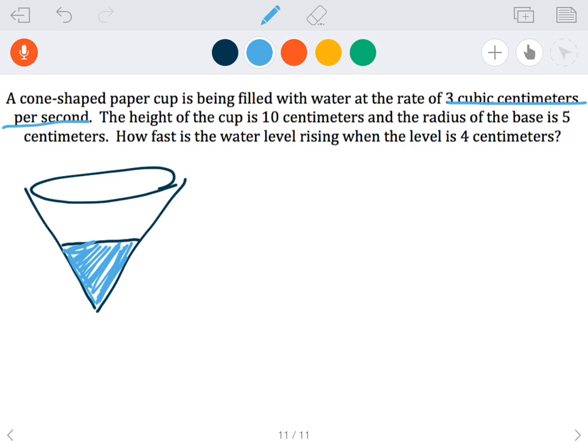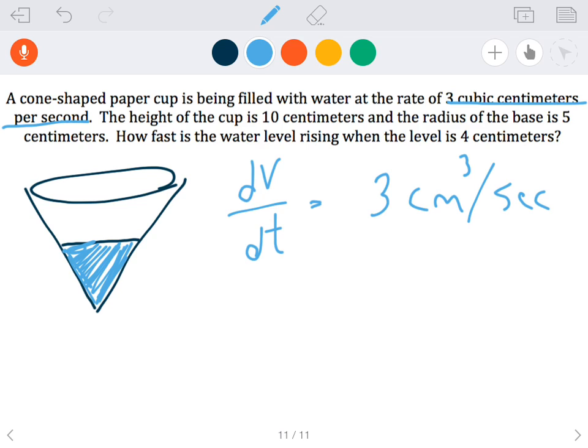So the volume of the water, we'll call that dV dt. I'm going to keep going with the light blue here to represent the water. dV dt is increasing at 3 cubic centimeters per second.